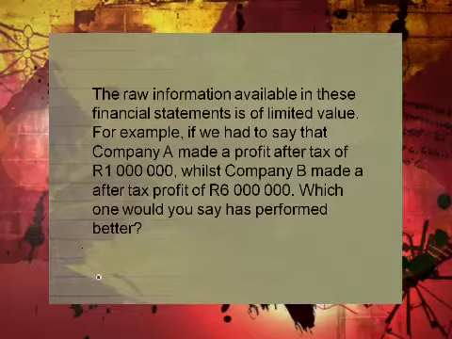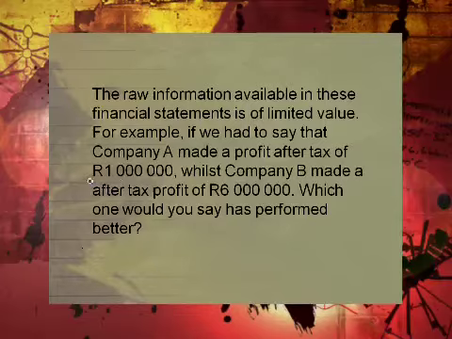Let's illustrate by means of an example. If you take raw information, for example, if we say that company A made a profit after tax of 1 million rand, whilst company B made a profit after tax of 6 million rand, which one would you say has performed better?